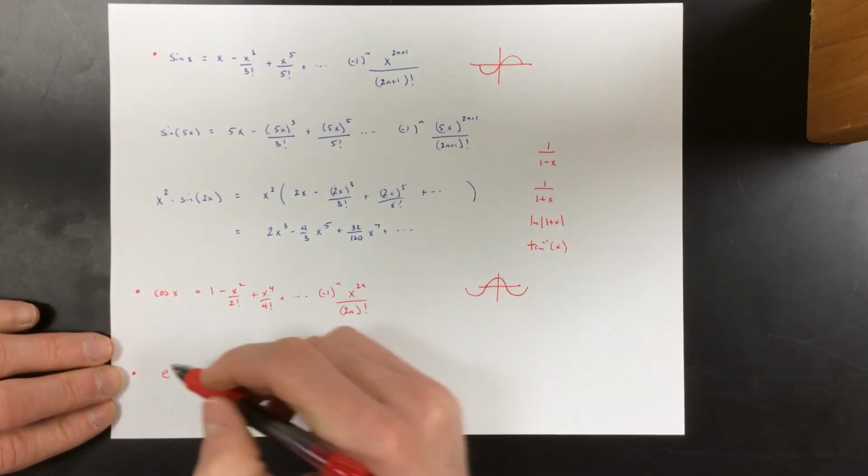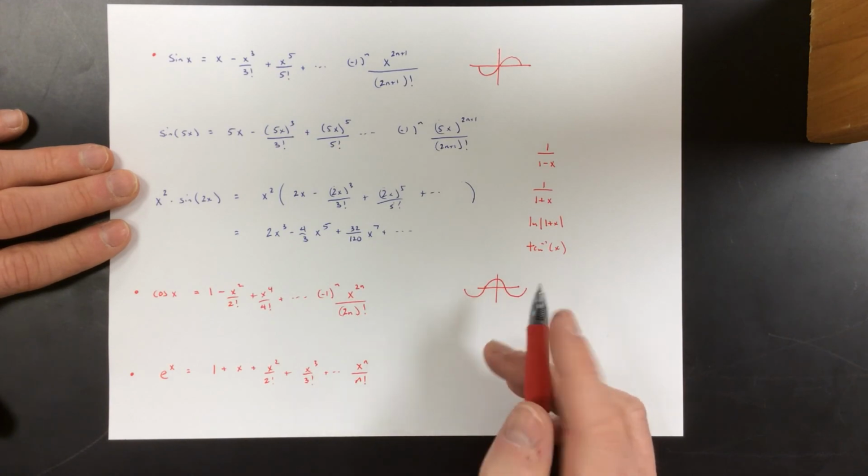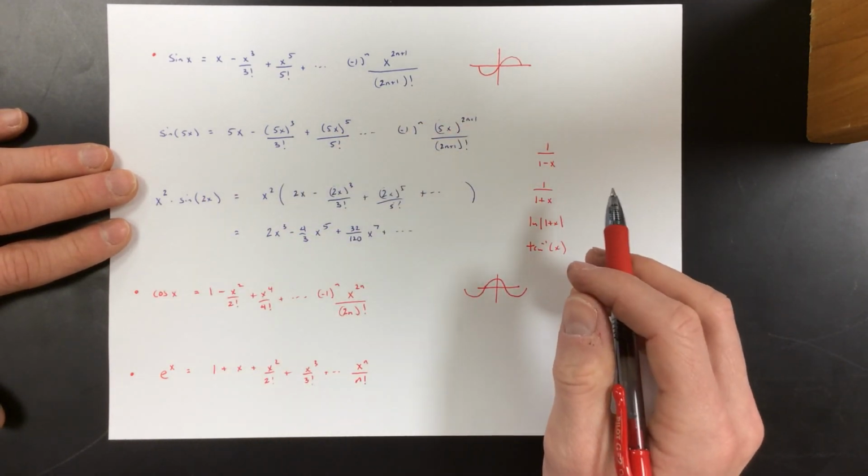These 7 are what they call the Maclaurin series, and they're just the patterns. They're not anything specific, but we didn't build them from scratch. And if you know these 7 patterns, then you can do a whole bunch of other substitutions.